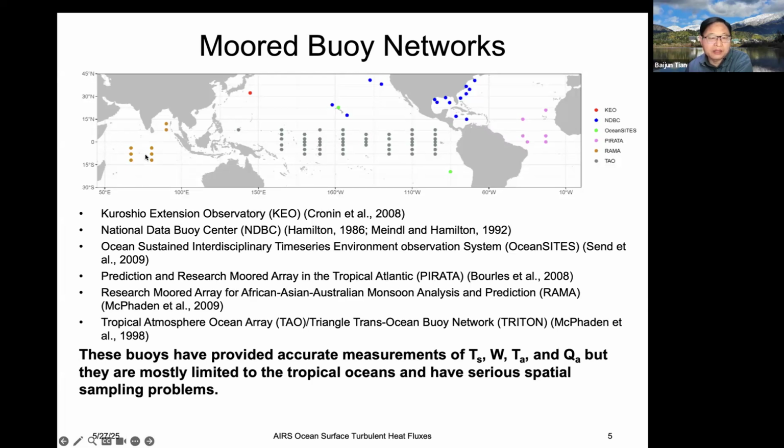Also RAMA in the Indian Ocean, and TAO and TRITON in the tropical Pacific. Clearly, you can see from the maps, those buoys provide accurate measurements of these four variables, but they are only limited to the tropical oceans and have serious spatial and temporal sampling problems.